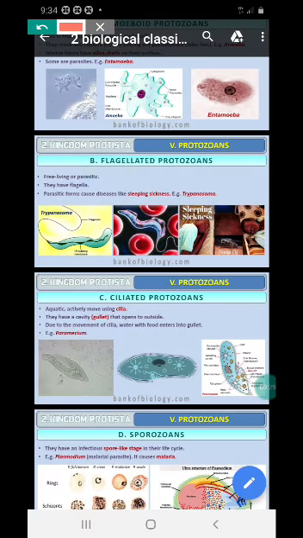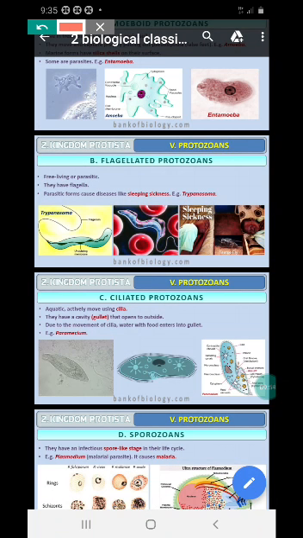Now coming to amoeboid protozoans. The best example for amoeboid protozoans is amoeba. These are classified into these four types because of the presence of organelles, or cell structures, which help them to move. In amoeba, what is the organelle for movement?